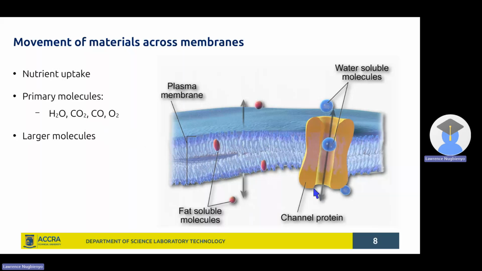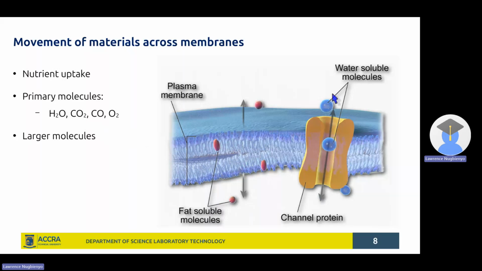Now, what you see on the right-hand side is that you can have, say, fat-soluble molecules that can diffuse across the cell membrane easily. And that is because the cell membranes are a phospholipid bilayer. And that phospholipid bilayer is lipophilic. So if it's lipophilic, it means that lipids can easily diffuse across it. Small molecules of lipids will easily diffuse across it.